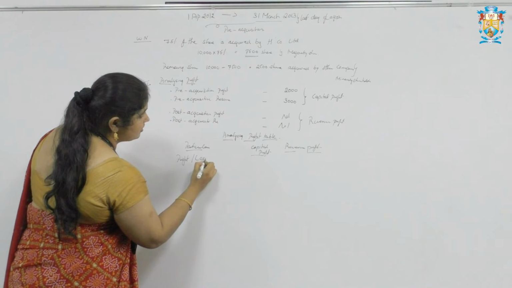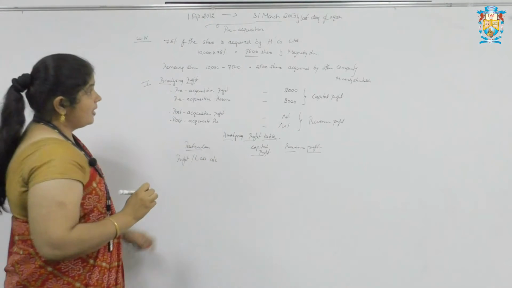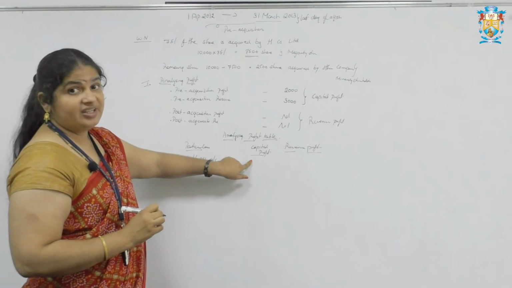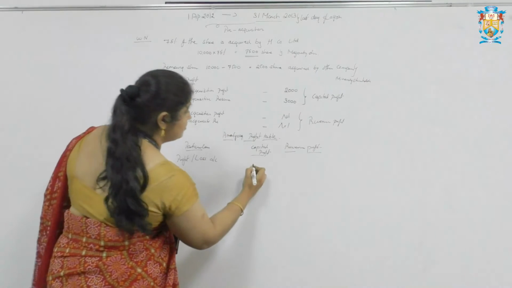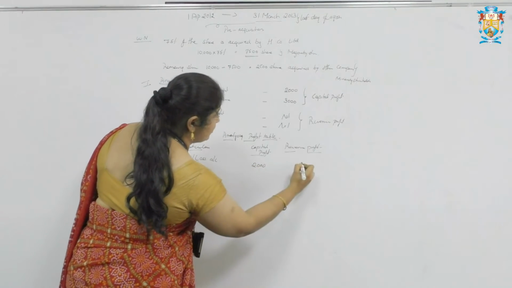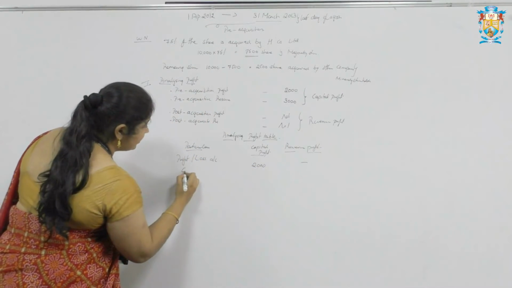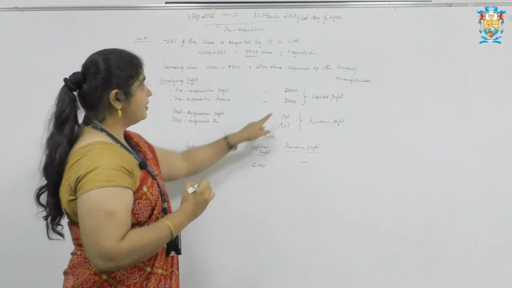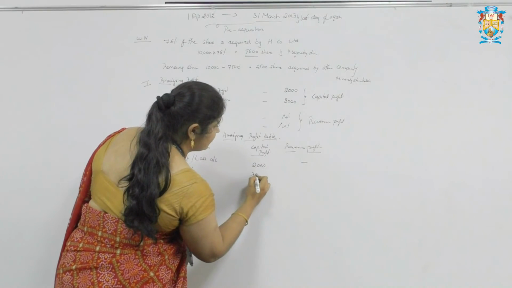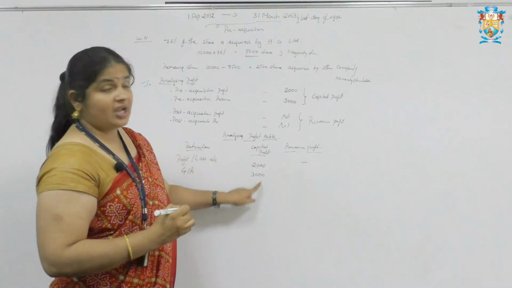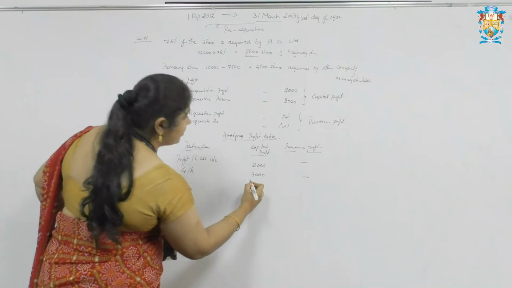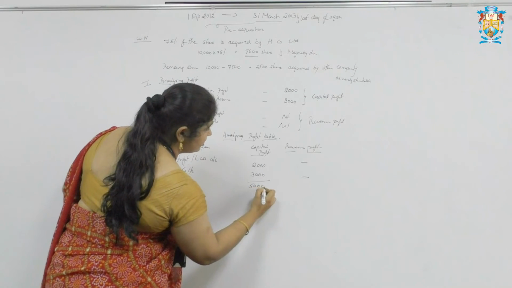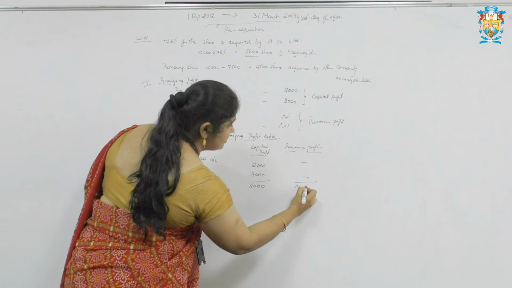Capital profit is nothing but pre-acquisition, so pre-acquisition profit is 2,000. There is no post-acquisition profit, write it as nil. Next is general reserve. Pre-acquisition general reserve is 3,000, and the other name for pre-acquisition is capital profit. Revenue profit is nil. Now do the total. Here it is 5,000, and revenue profit is nil.